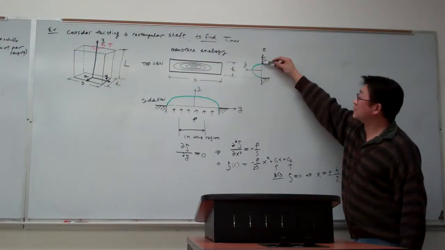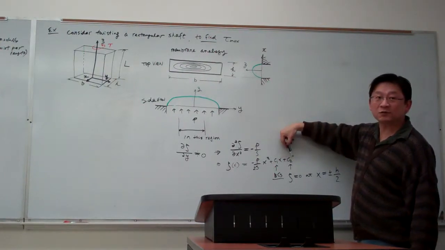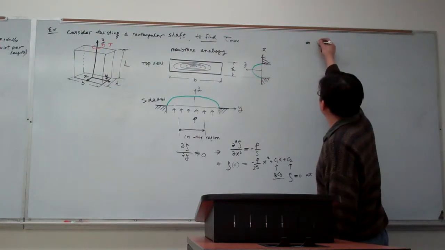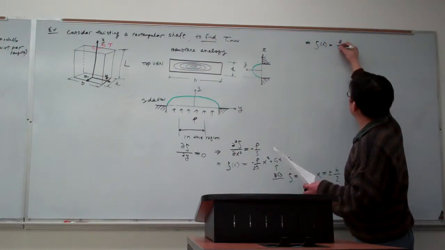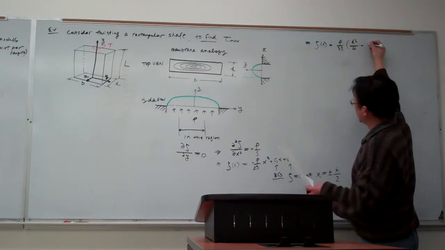So we're using those two boundary conditions to solve for C1 and C2. So from here, we get that zeta will be equal to P over 2S times (h squared over 4 minus x squared).